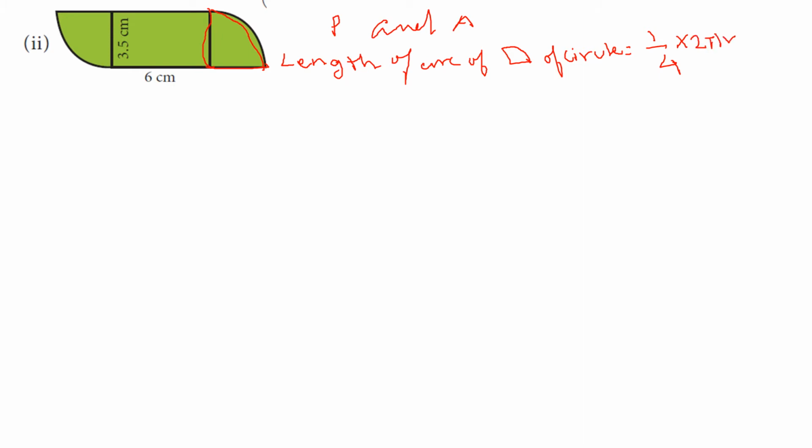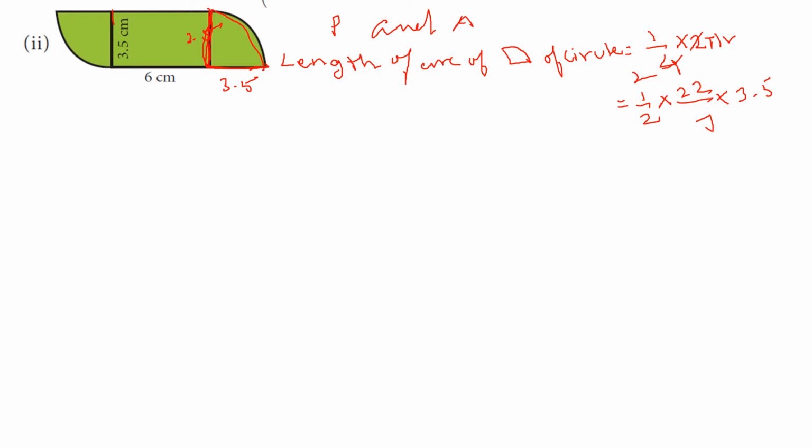Cancel it, 2 2s are 4. So 1 by 2 into 22 by 7. Here the radius is 3.5, so here also 3.5, into 3.5.